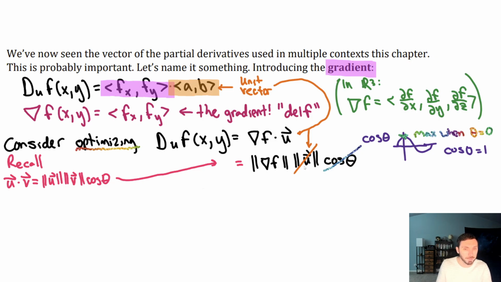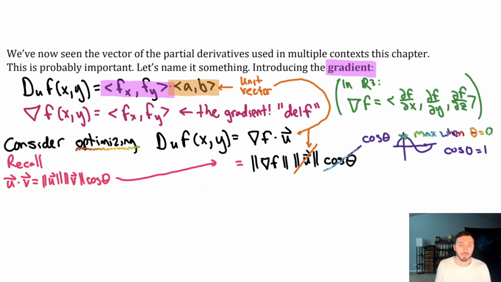So if I wanted to optimize this expression, it makes sense that I would want cosine, one of the factors, to be the largest possible number. And the way that we make cosine of theta the largest possible number is when theta is equal to 0, at this highest point. So the highest that cosine of theta can be is 1. So we can just ignore this term, because anything other than 1 would make this expression smaller, right?